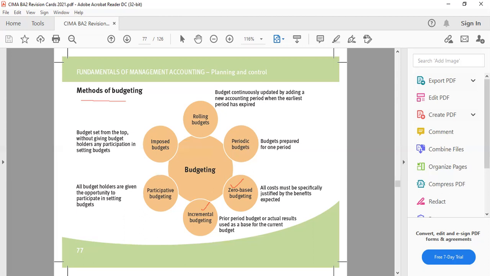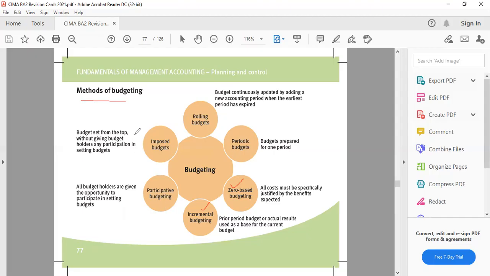But the disadvantage in this case is that it is time consuming and costly. Somebody has to be continuously involved in preparing the budget. So zero-based budgeting is time consuming and costly.